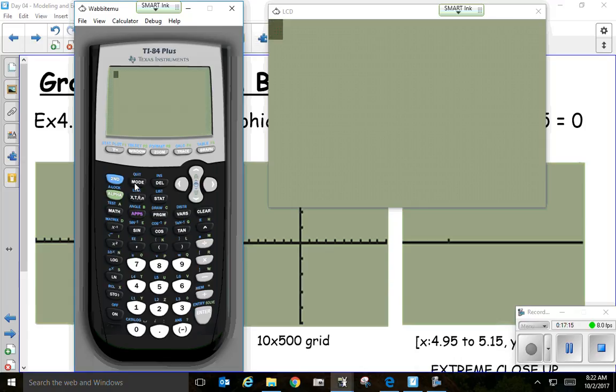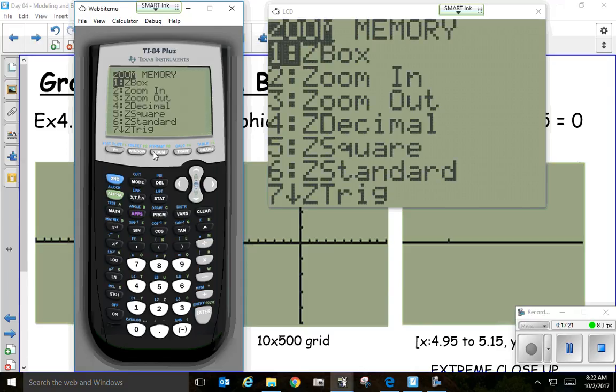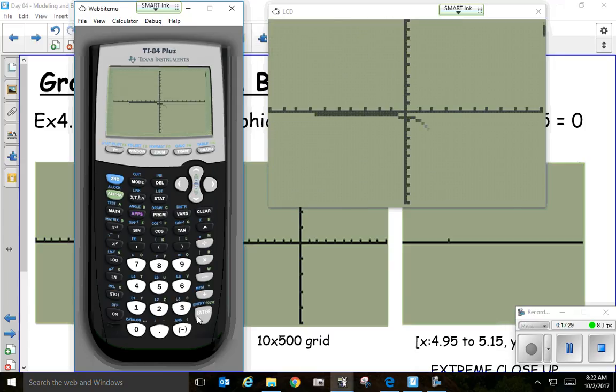You can reset the calculator, but if I go to Zoom and go to my standard, that is 10 by 10. If I hit enter right there, that'll give me back my 10 by 10 window, whatever I had graphed last. So you don't have to go back and go -10, +10 by 1, -10, just go right to standard.